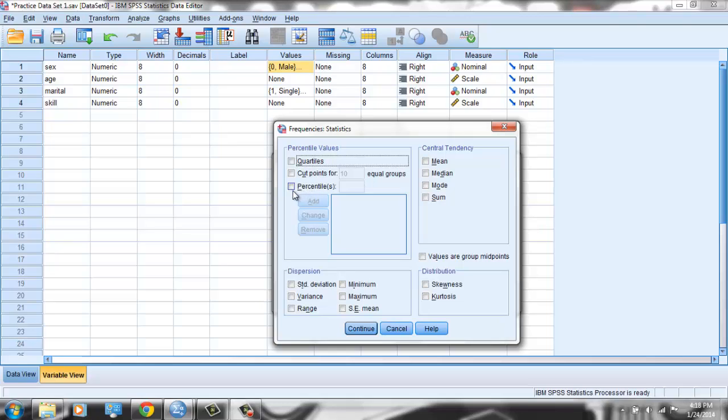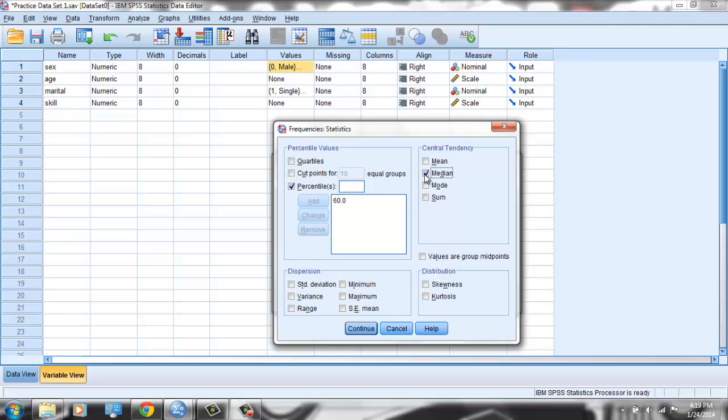So let's take care of that first. What you do is you go to the percentile here, click the box, and you punch in which percentile you're looking for. So we're looking for 60. You click add. Ta-da. Okay. Now, here's where you can get your median, your mean. You can get that as well if you want.